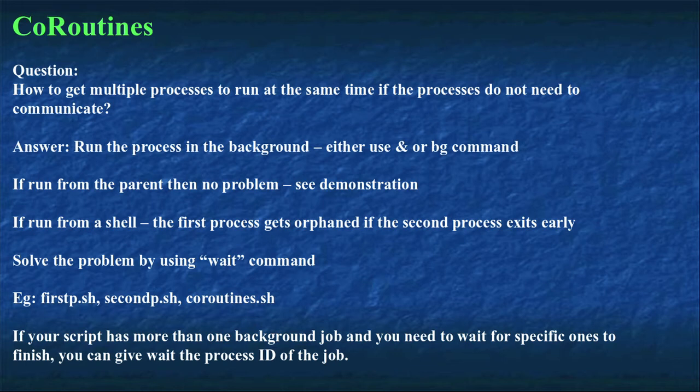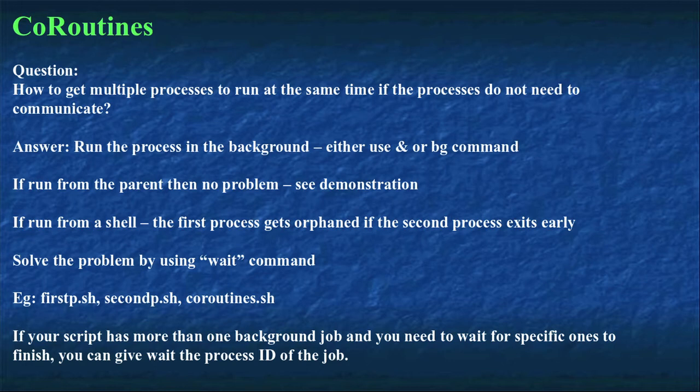The other thing that you can do is that in this wait, if you give the process ID, then you can handle a script with more than one background process. Say for example, first P is background, second P is also background, third P is also background, and then fourth P is running in the foreground. Now, suppose I want all of them to complete and then come back to the shell, then I can just type wait at the end of the shell script.